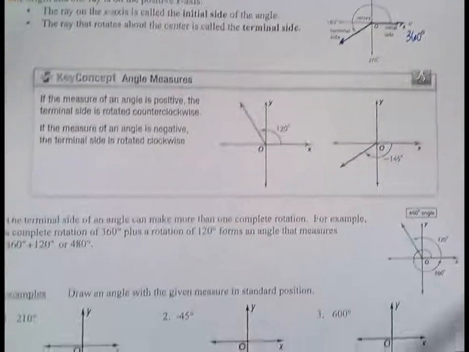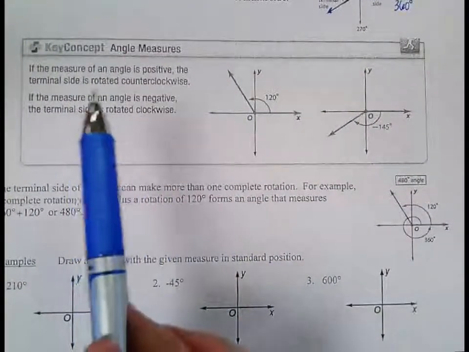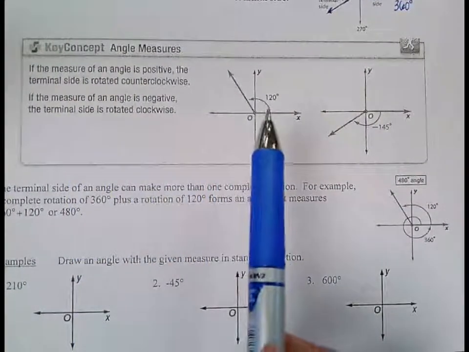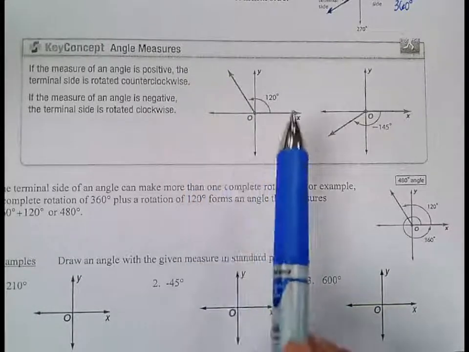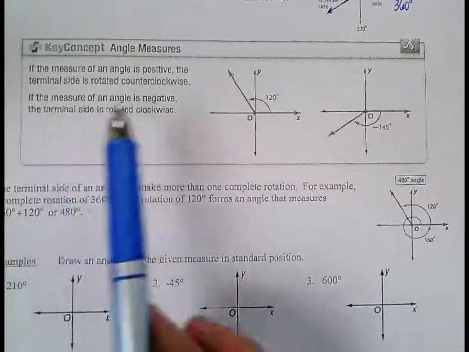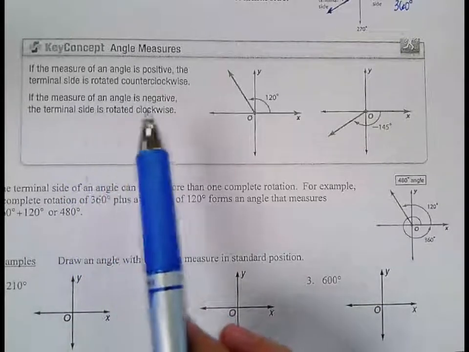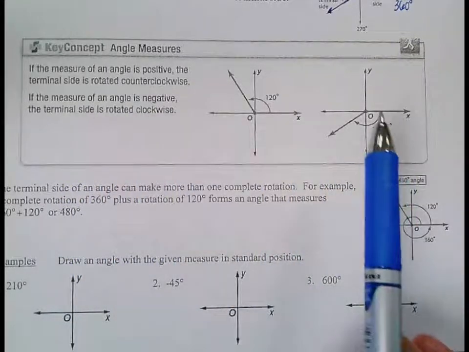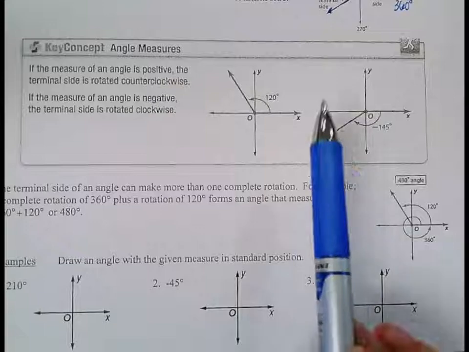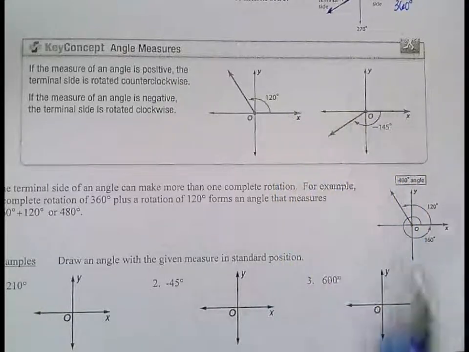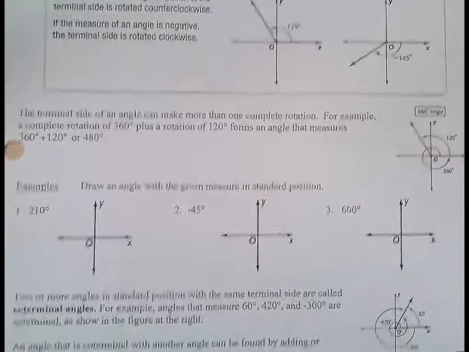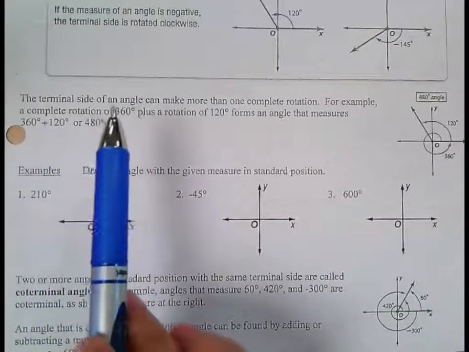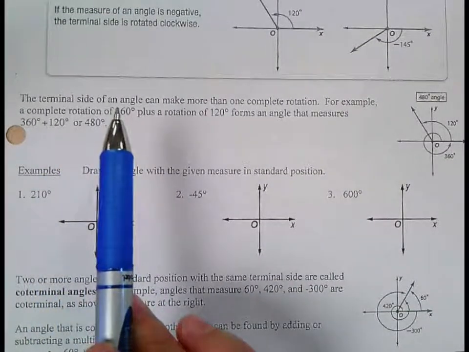So what's in this key concept box here? If the measure of an angle is positive, the terminal side is rotated counterclockwise. So we start by going up and around counterclockwise. Versus if the measure of an angle is negative, the terminal side is rotated clockwise. So you would start by going down, and then you're going around clockwise that way. And then one other piece of information, the terminal side of an angle can make more than one complete rotation.